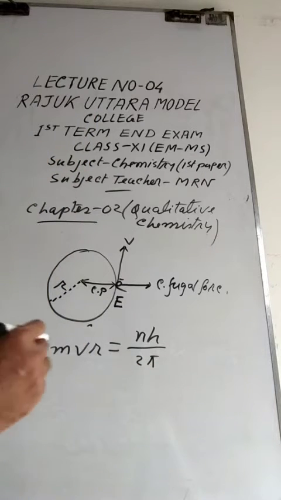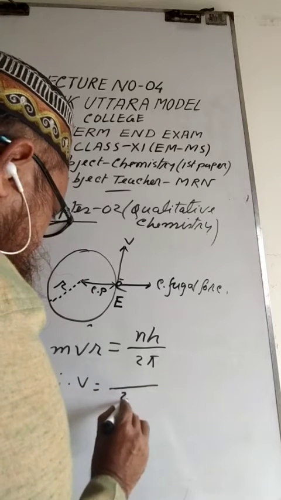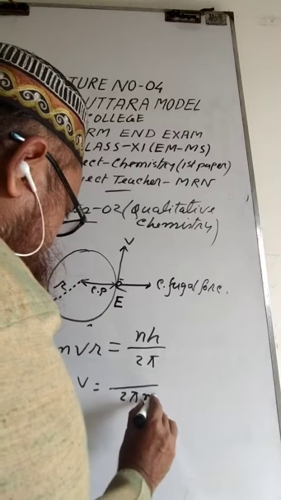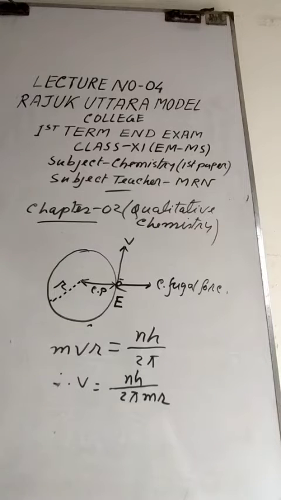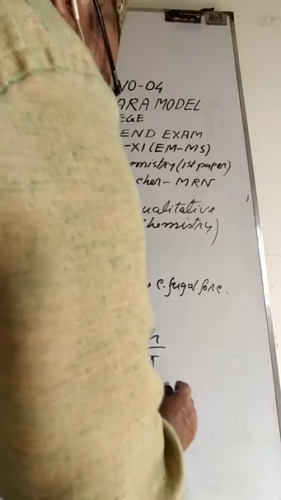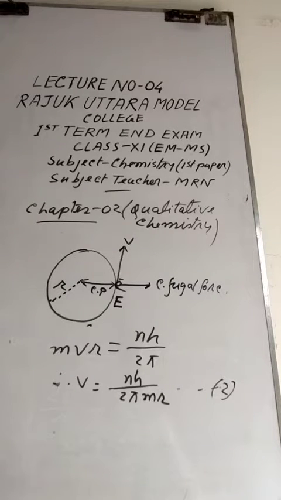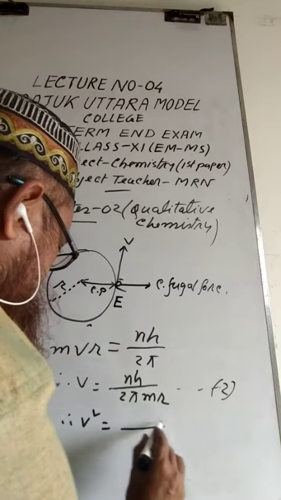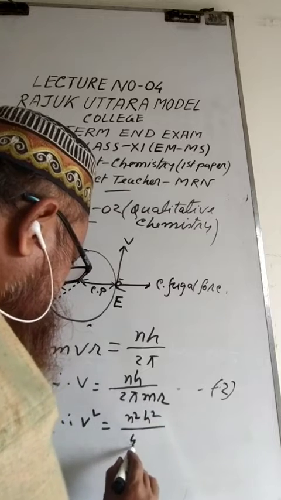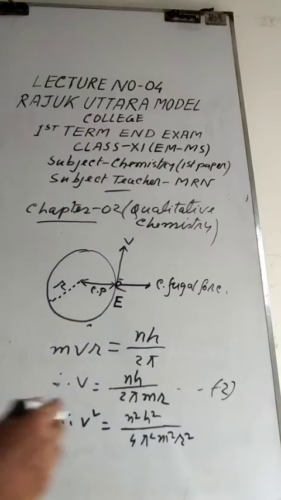Therefore v equals nh by 2 pi mr. This one is equation number 2. Okay, next one. Therefore if we take v square, it equals n square h square by 4 pi square m square r square. This one is number 3.